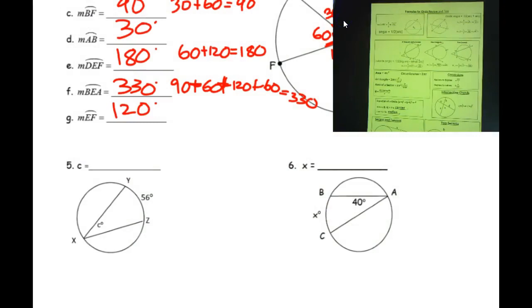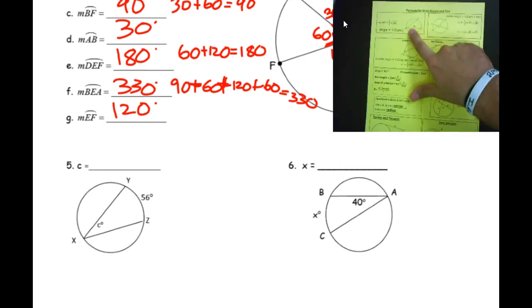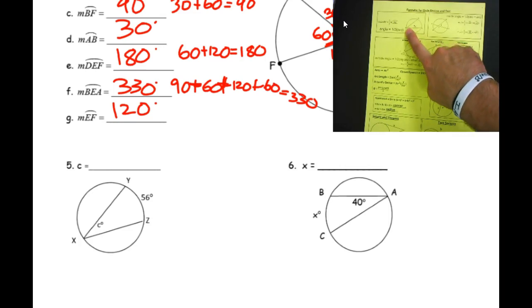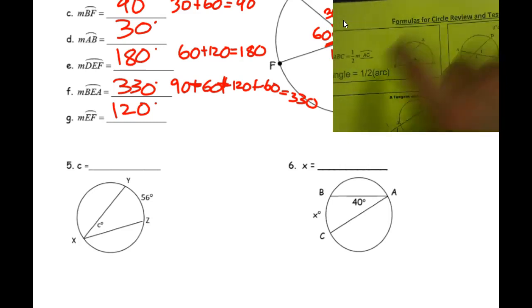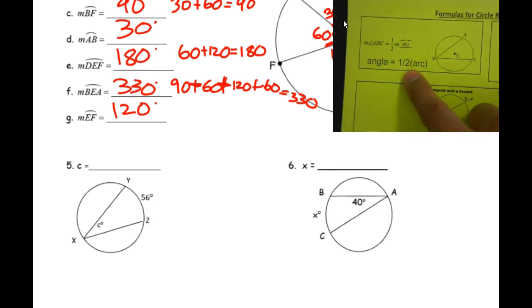So number 5, if you look at your formula chart, the way number 5 looks like the top left on your formula chart where the angle is on the edge, as an inscribed angle. And notice the rule says angle equals 1/2 arc. And that's what we're going to use on number 5.